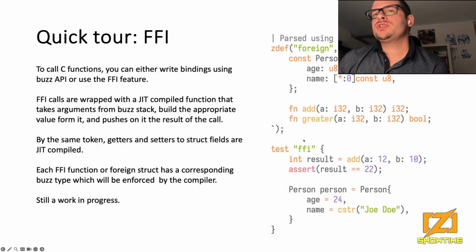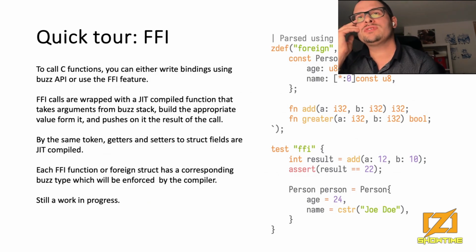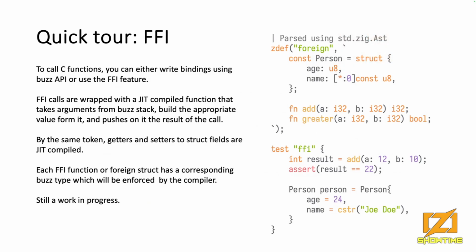The last feature I want to show you is one I've been working on recently, which is FFI. Right now in Buzz, if you want to call a C function, you can use the API. The API allows you to interact with the Buzz stack and to start or stop a VM.